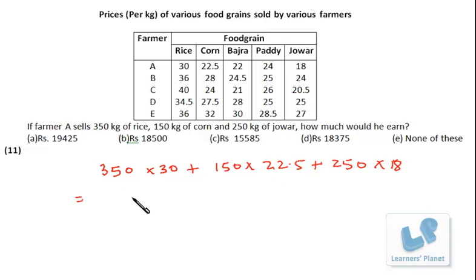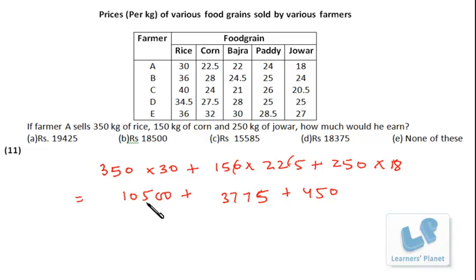So 35 threes are 105, so it's 10,500 plus 225 into 15. 250 into 18, that is 4,500.